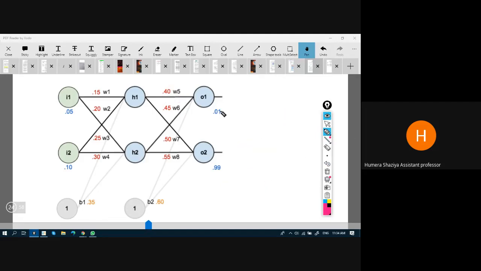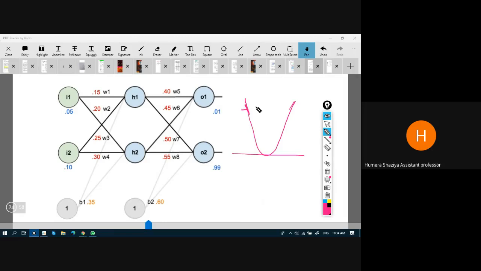So what is happening here? To know the influence of W5 on O1, we have to know the influence of W1 and W2 on W5. This is only about finding the derivatives here. This is the plot, here this is the slope.